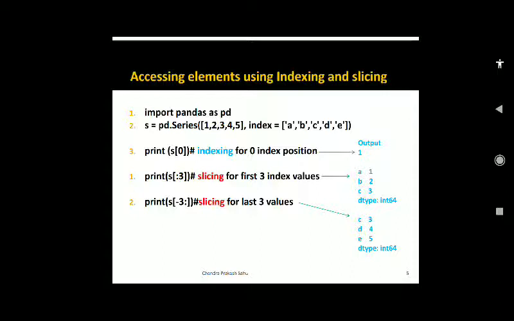And slicing: write the series name inside brackets, pass start, stop, and step values, separated by colons as you did with a list. So the output corresponding to line number 4 and 5 are given here.